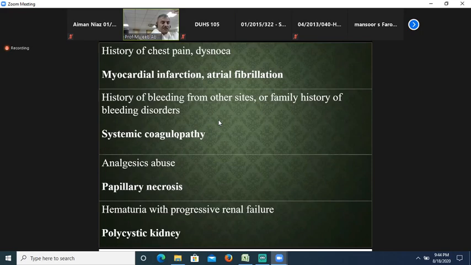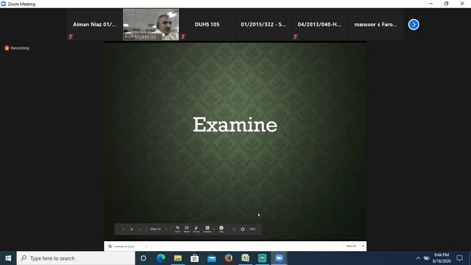So papillary necrosis caused by even non-steroidal anti-inflammatory abuse can cause renal failure in the long term. Hematuria with progressive renal failure as well, which is again papillary. Now that history gave you a clue what could be the reasons.